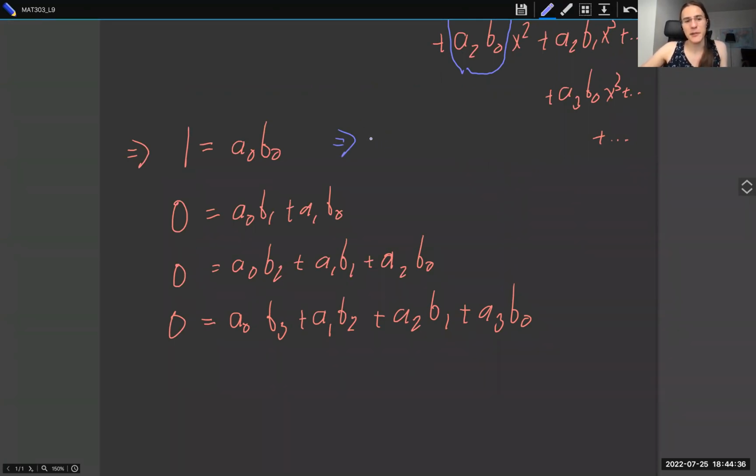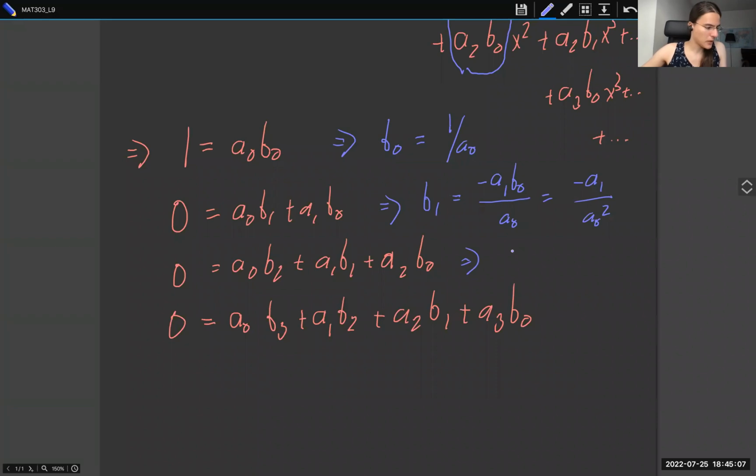You get, for example, that we are trying to solve for b naught, that b naught is equal to 1 over a naught. Then here, what you get is that b1 is equal to negative a1 b naught divided by a naught, which is equal to, given what b naught is, negative a1 divided by a naught squared.